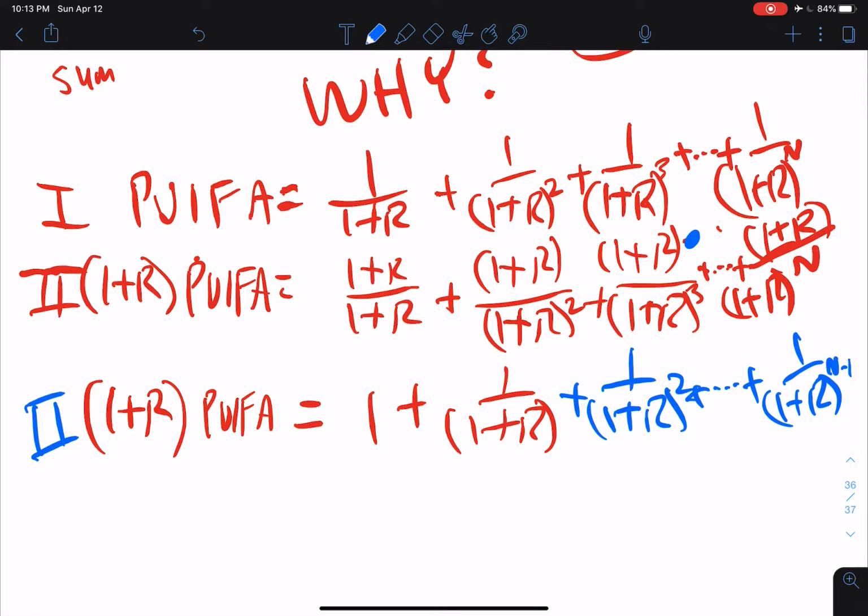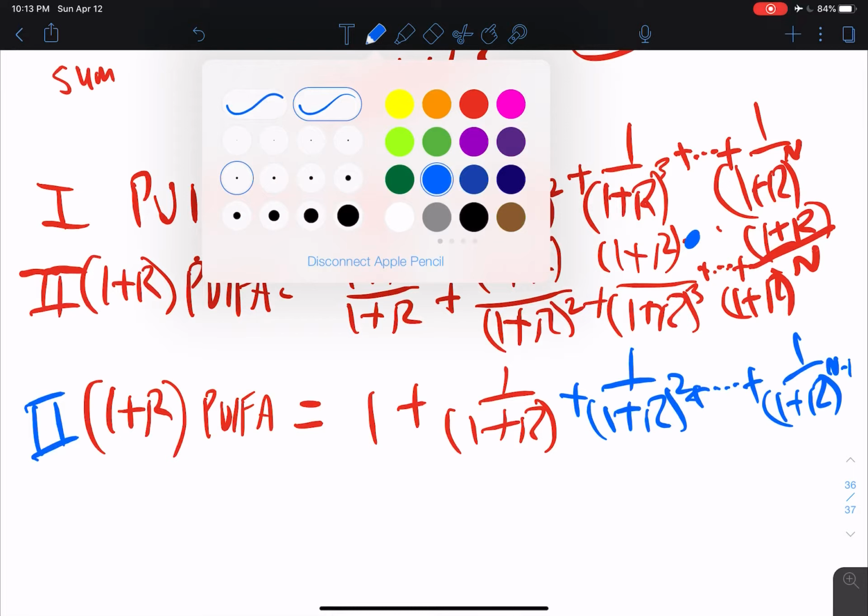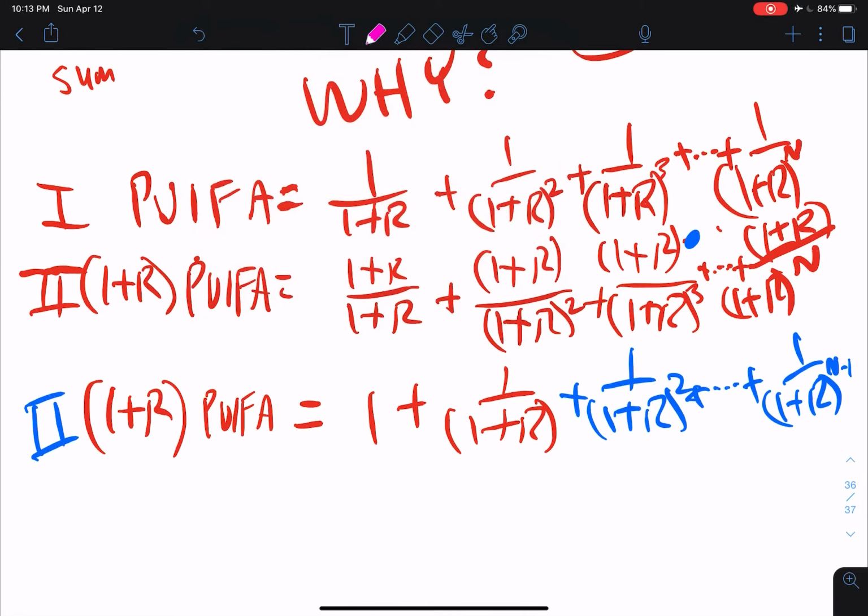Okay, so now logic comes into play. I like to say, if the left-hand side of equation 1 equals the right-hand side of equation 1, which it does, because it's a definitional equation, then when we multiply both sides of the equation by the same value, logic tells us that this still equals this.